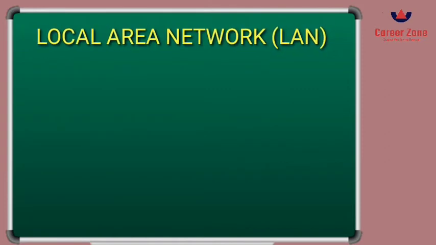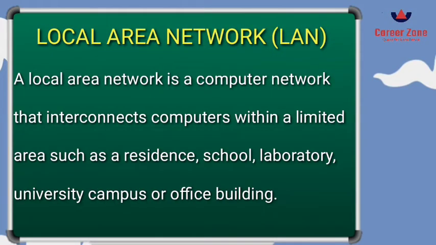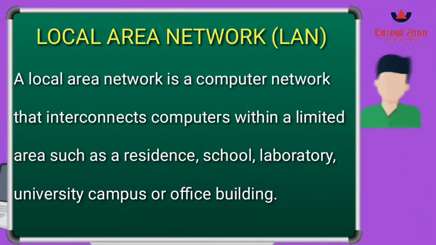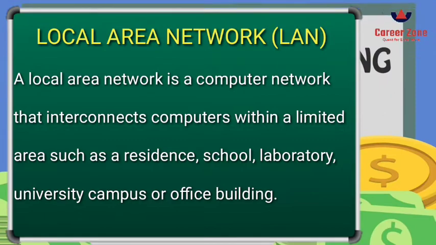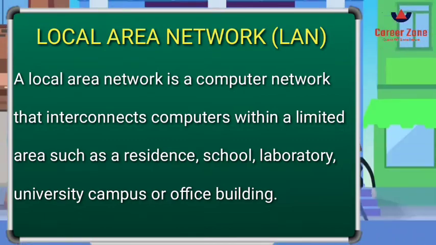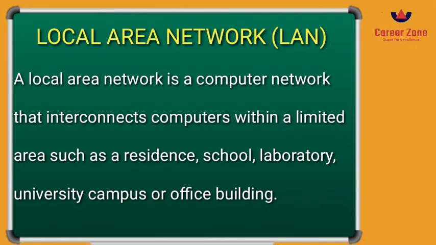Now the second type of network is local area network, wherein the computer network interconnects different computers within a limited area such as a residence, school, laboratory. Like you have seen in your school junior lab, wherein one computer is a server which is providing the network to different client computers. That can be called a local area network, where one computer is the main host computer and that is providing services to the different computers or workstations which are connected to it.